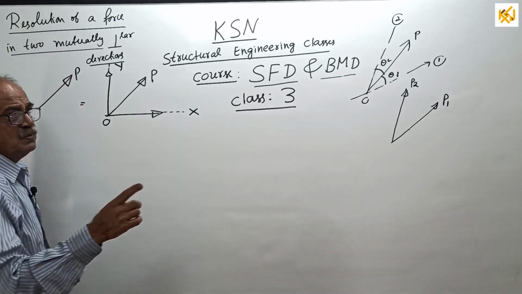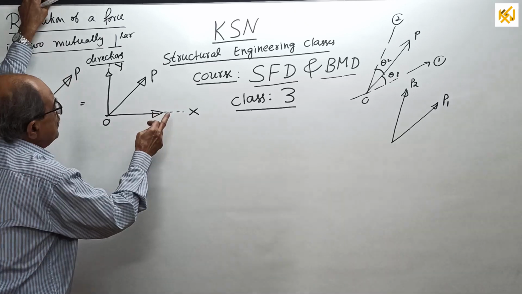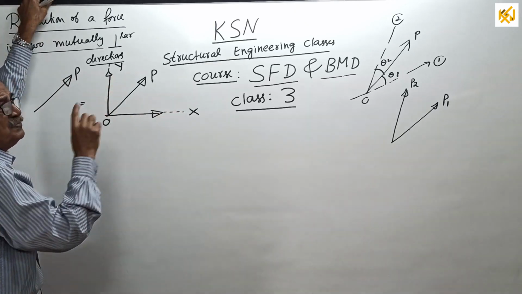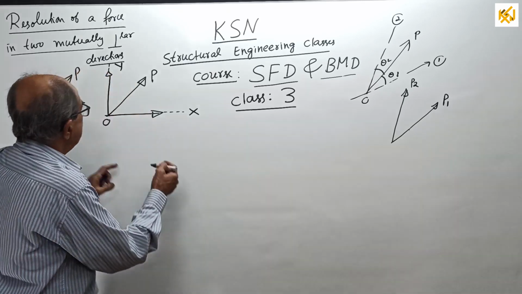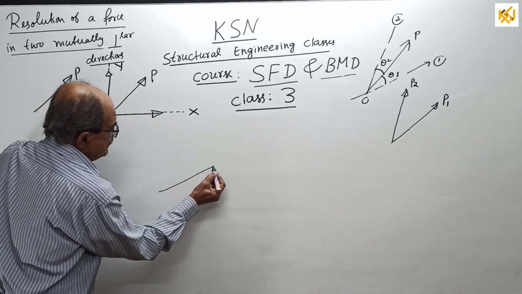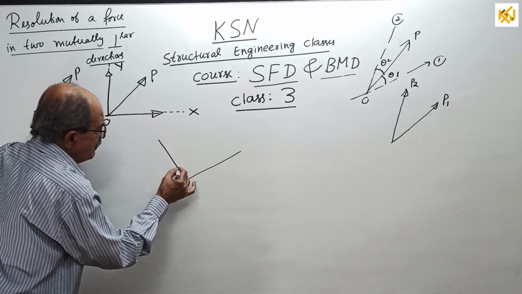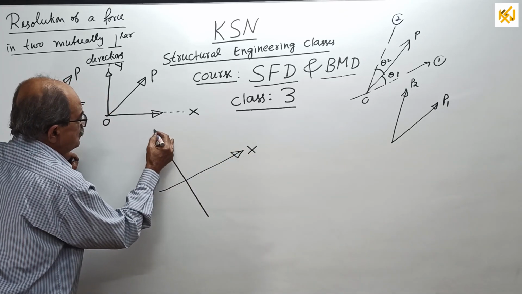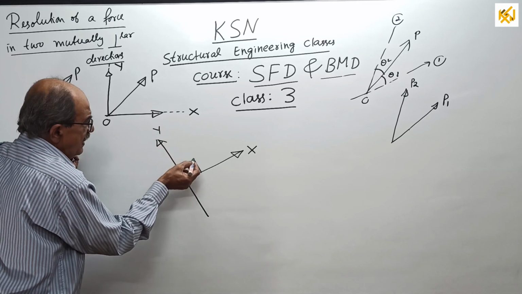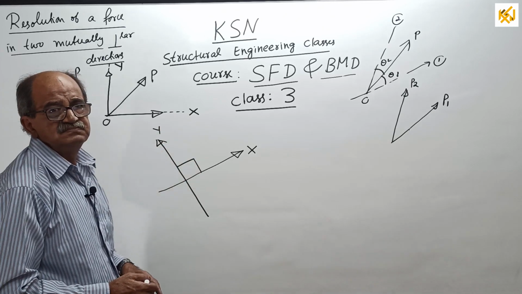Now, there is one more case. It is possible that X and Y, both of them are not horizontal and vertical. Maybe X is like this and then Y will become like this, very important. If X comes this way, Y will come this way, but still they are perpendicular to each other.